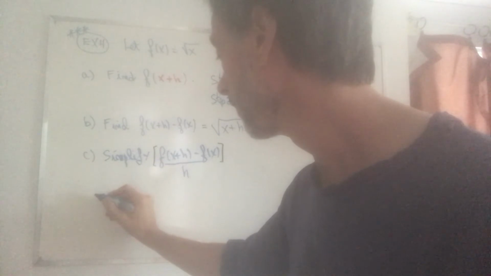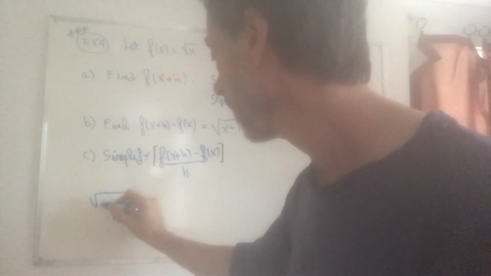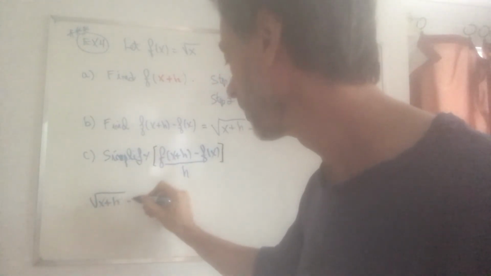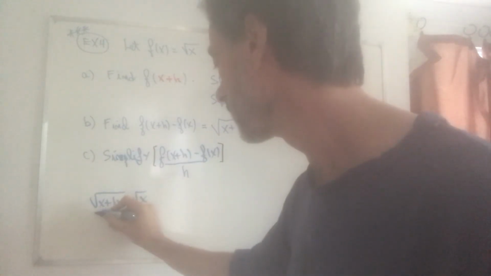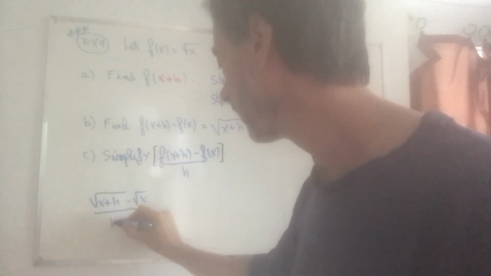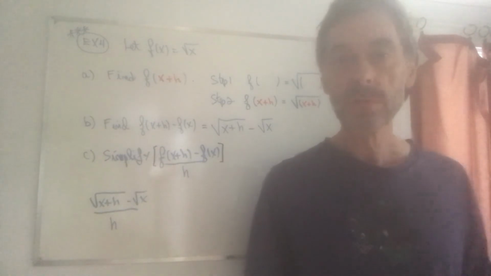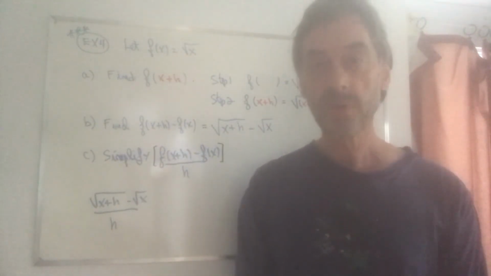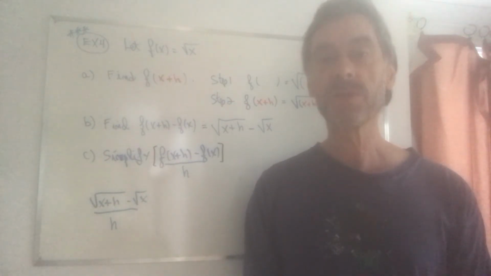All right, I can do that. So this is root of x plus h minus root x over h. I am supposed to simplify this. What is your reflex when you have roots like this and they say simplify?